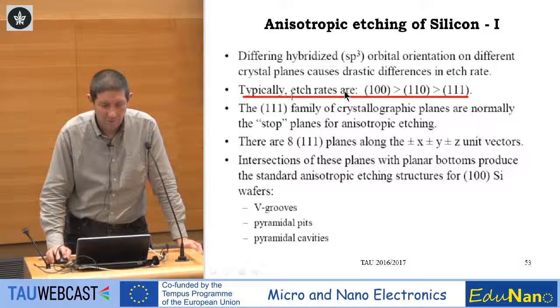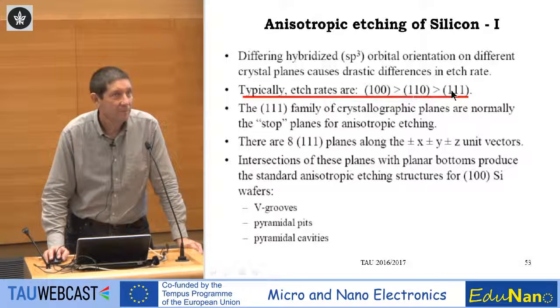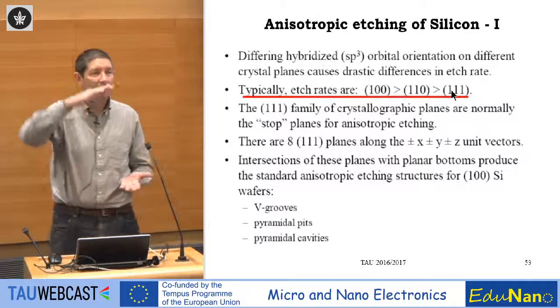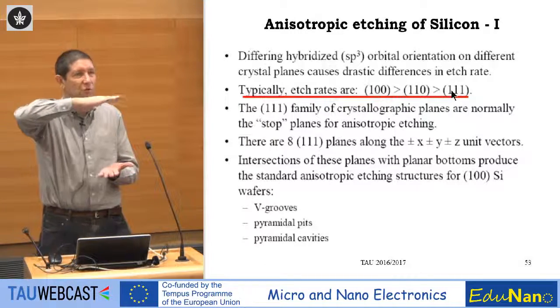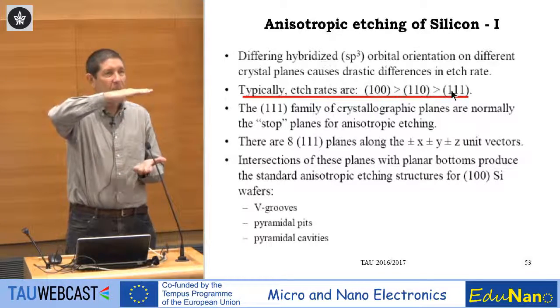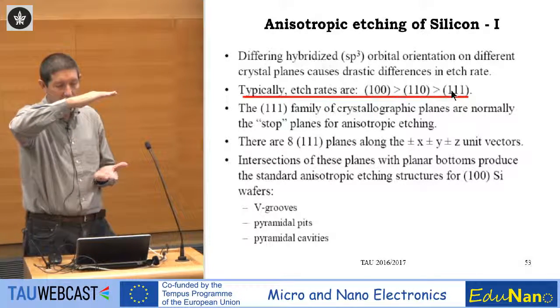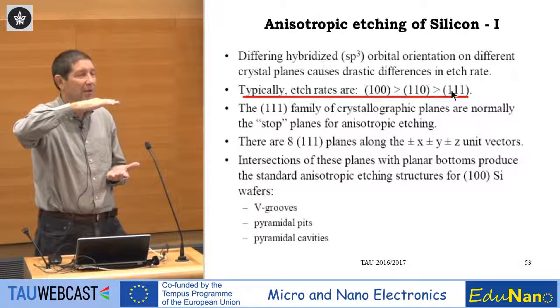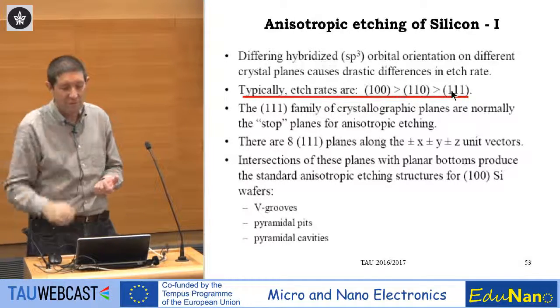In silicon, the etch rate on 100 is faster than 110, faster than 111. Remember, in silicon, top and bottom surface are the same because it's completely symmetrical.